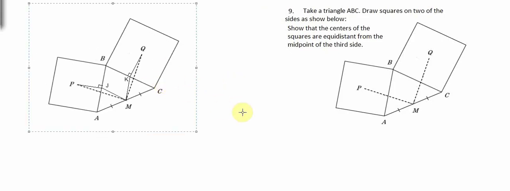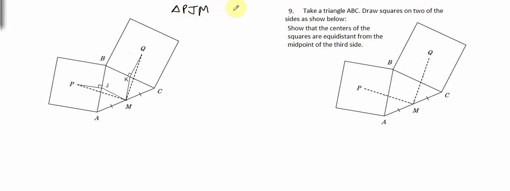We drop a perpendicular from P on AB at J, and we drop a perpendicular from Q to BC at K, and we will prove that triangle PJM and triangle QKM are congruent.